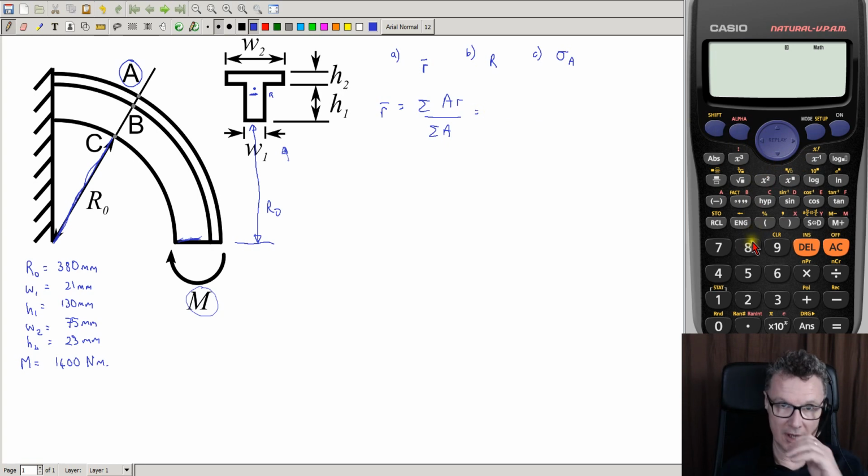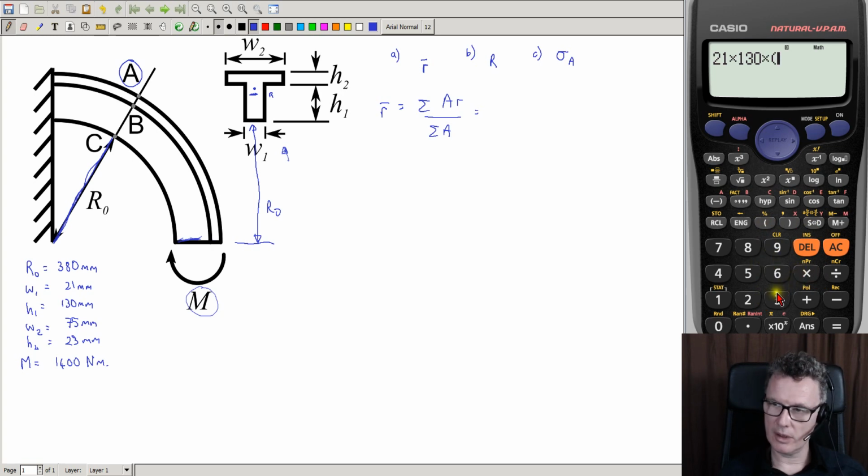Right, so the area for the lower section is going to be, I don't know whether I should bother writing this out or not. I won't. The lower section will be 21 times 130. So that's the area of the lower section. Where's the middle of the lower section? I'm going to let my calculator do all the work.